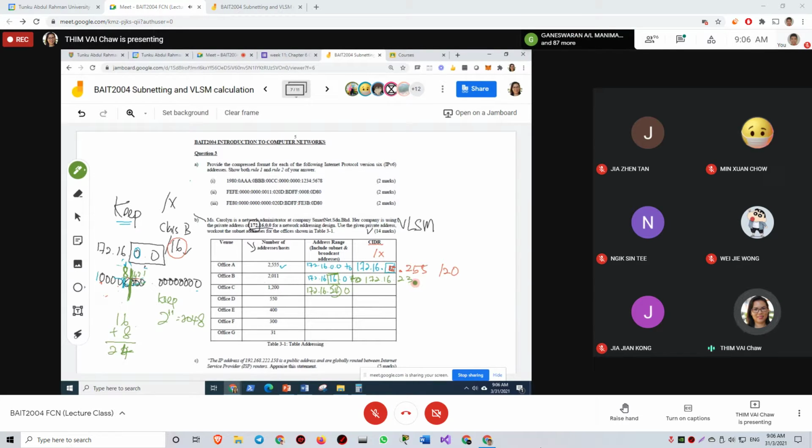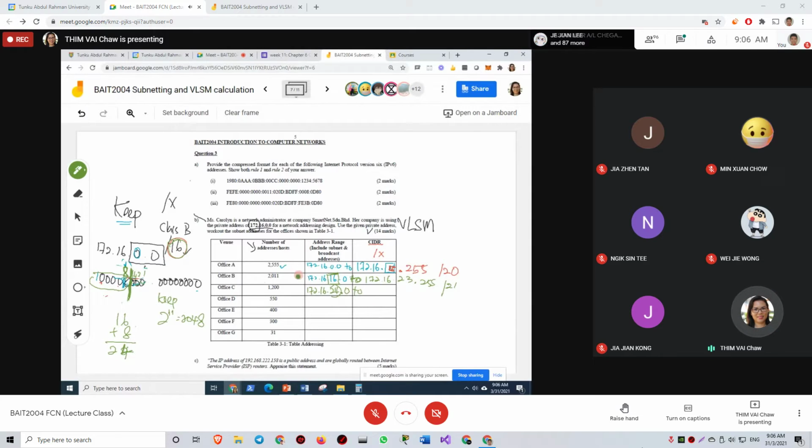So after this part, you will have 255, and the prefix length will be /16 plus these 5 bits. Okay, plus these 5 bits: 1, 2, 3, 4, 5, /21. Hope you understand. I think your tutor will also use the same method like me.